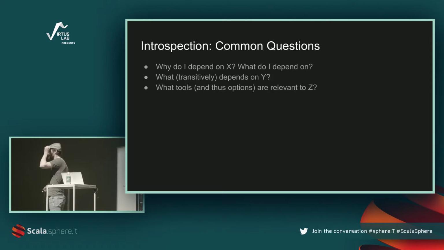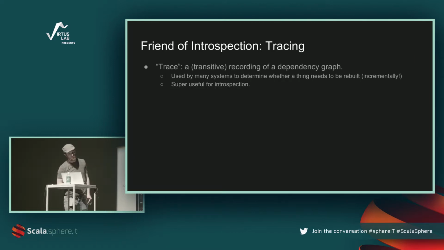What transitively depends on why, which is sort of the what, why, how, who's on first. Anyway, what transitively depends on module y is the CI question, right? Like, what do I need to rebuild when module y has changed? And the user also needs to know what tools and options are relevant to some module that they're building so that they can know what bits to fiddle with. So a friend of introspection is tracing.